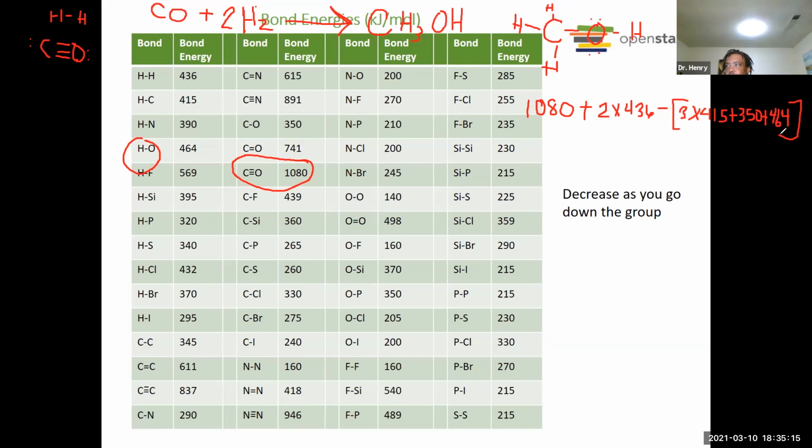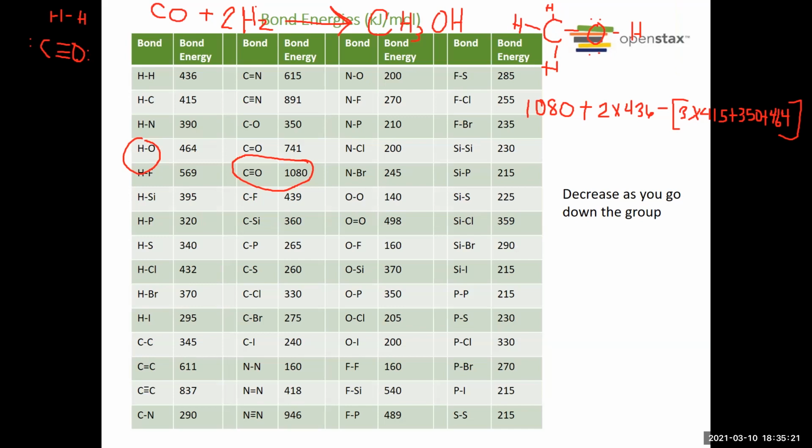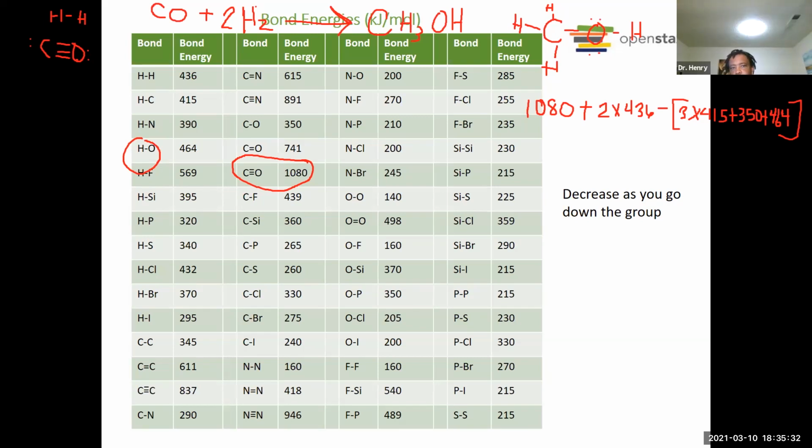And then you just solve it. Yep, then we just solve it. So 436 times 2 is 872.